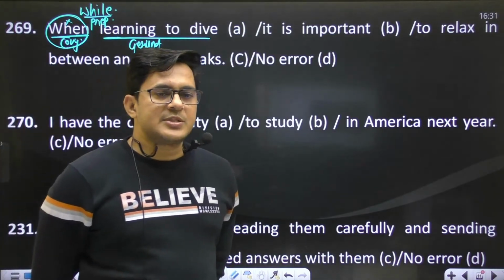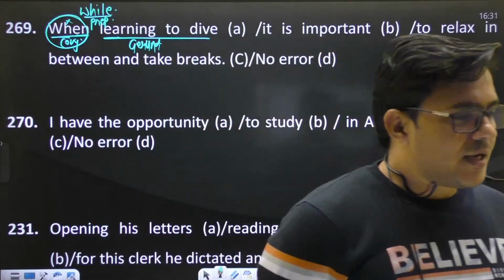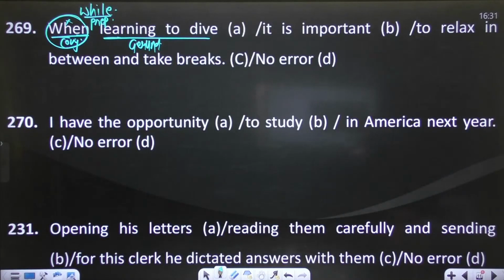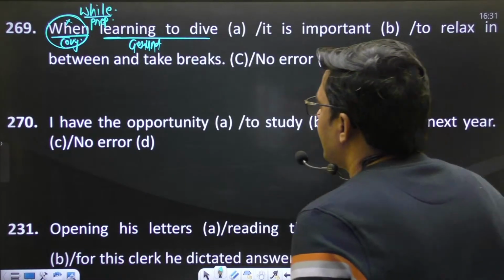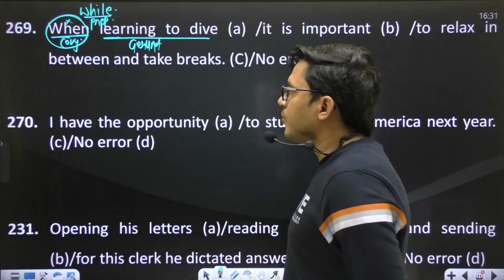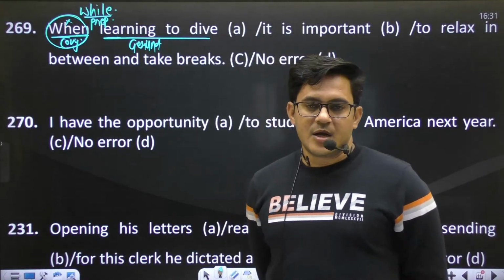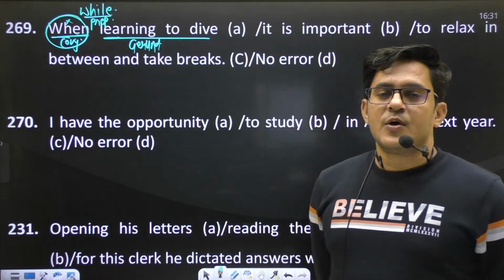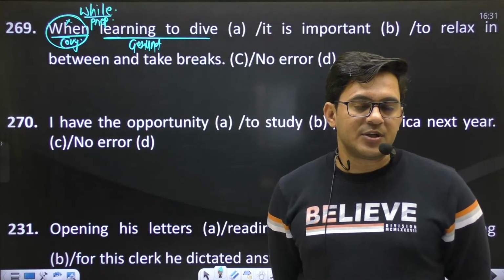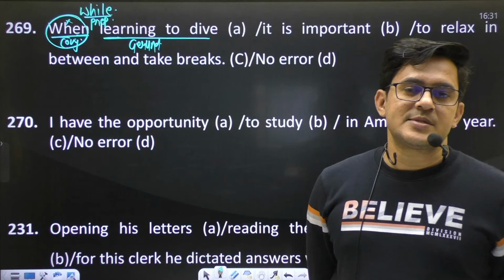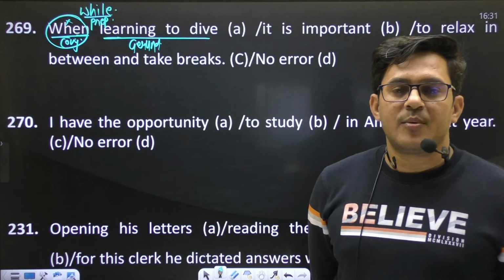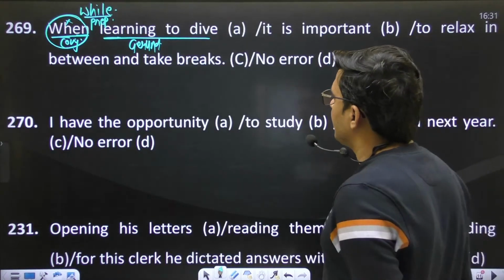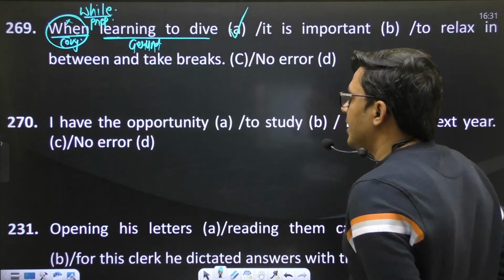To make it a present participle, we demand the preposition while, not when. So the sentence will be, while learning to drive, it is important to relax in between and take breaks. We demand a preposition, not a conjunction. So just replace the conjunction when with the preposition while, and you have an error in part A.